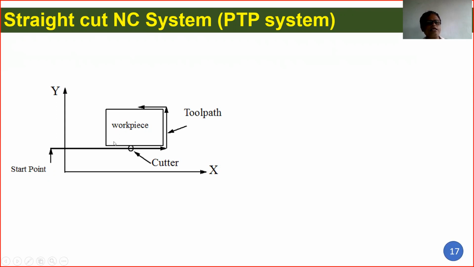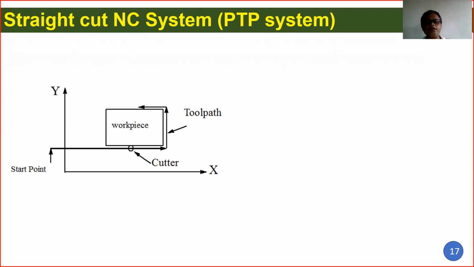In straight cut NC, the simultaneous control of the tool is not possible. Simultaneous control means we cannot move in an inclined line path, that is from this point to this point like this. We cannot move because we can only control one axis at a time in straight cut NC.